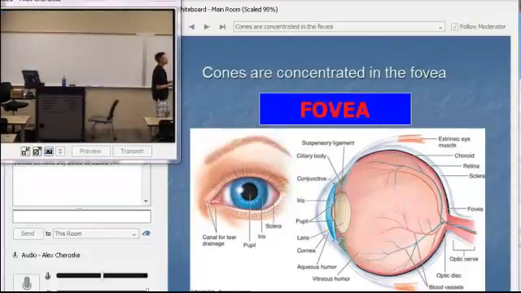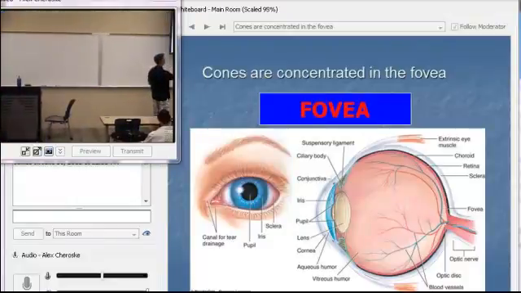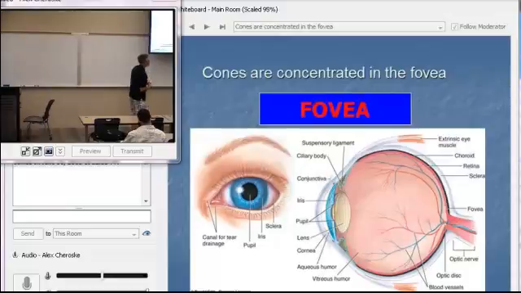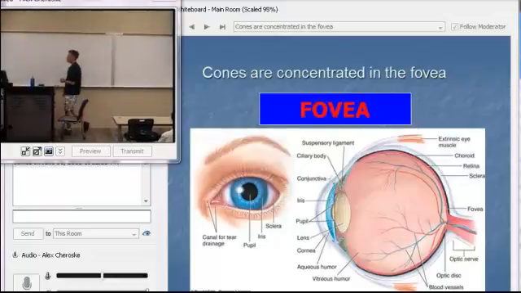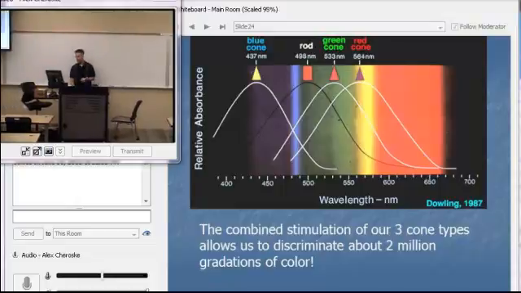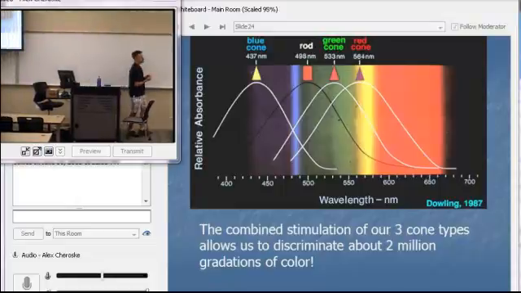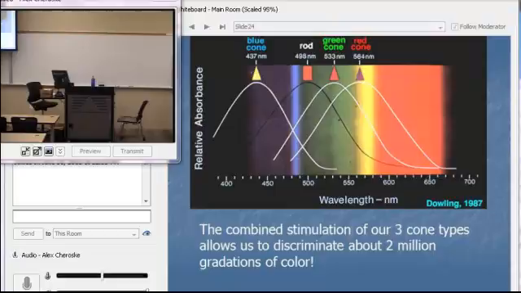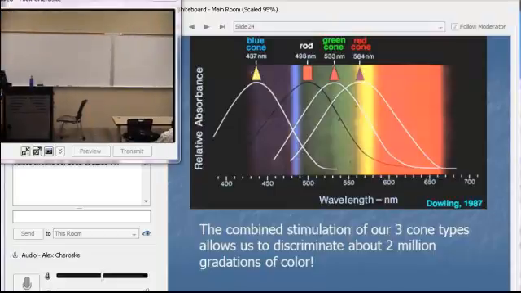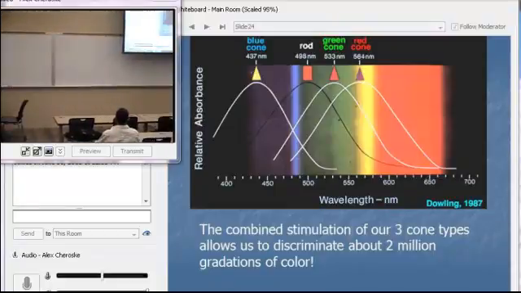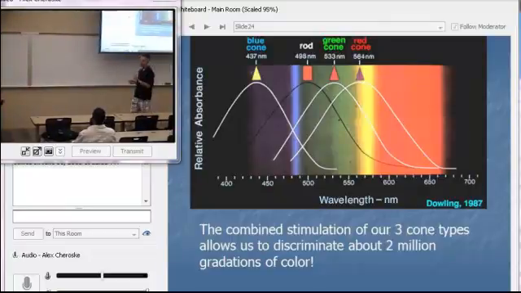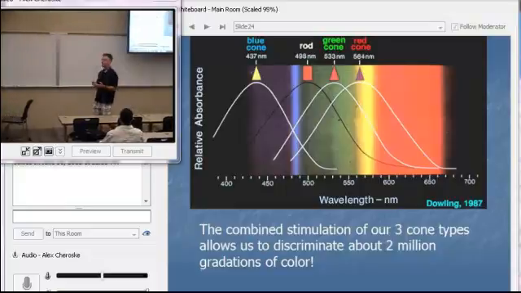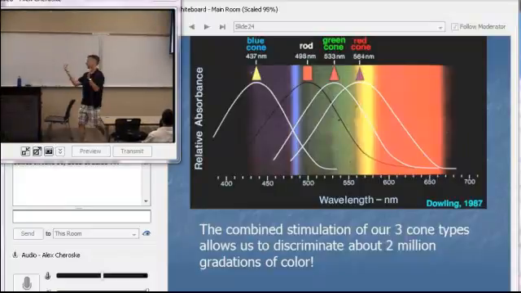Now remember, though, that it was there in that fovea where we have a very high concentration of those cones that allow us to see good detail. Now this figure right here, your book has a similar one. This is from a different paper, but what it shows you is, for our different photoreceptors, where those photopigments are going to absorb light, what wavelengths of light they're going to be most sensitive to.